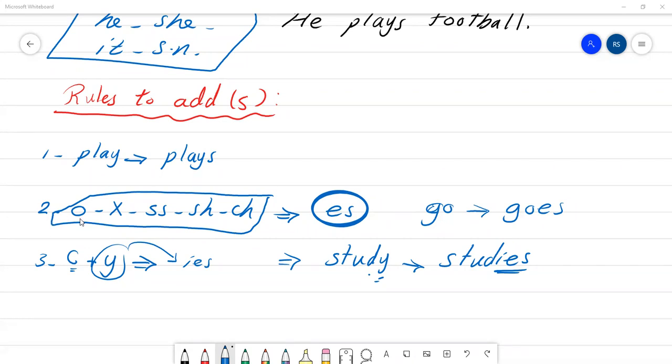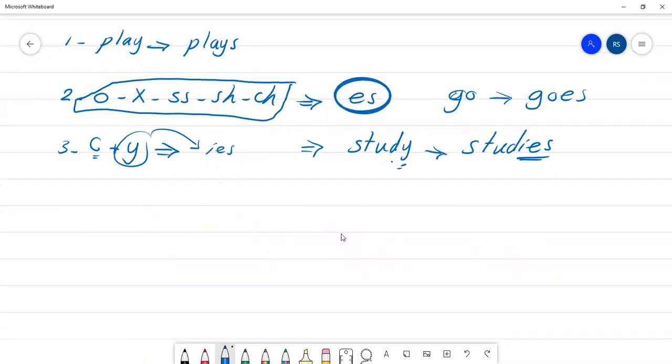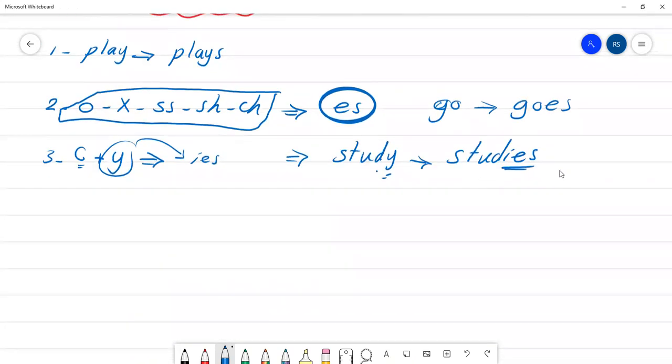If the verb ends with o, x, ss, sh, ch, we add es, like go, goes, fix, fixes, and so on. If the verb ends with y preceded by a consonant, we change y into ies, like study, studies. Okay, my friends, got it?